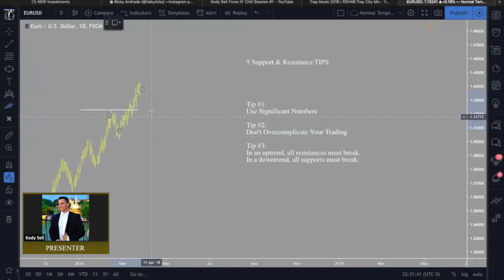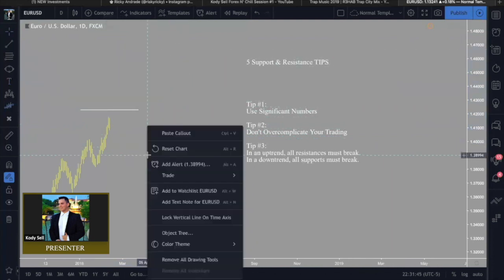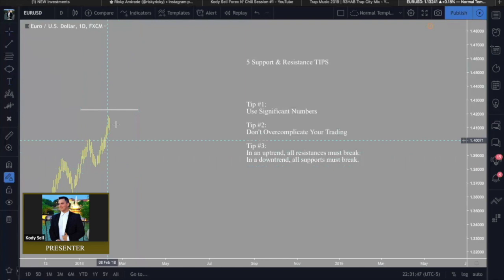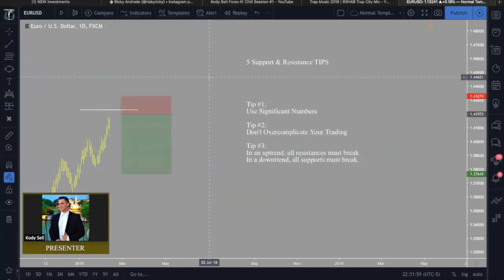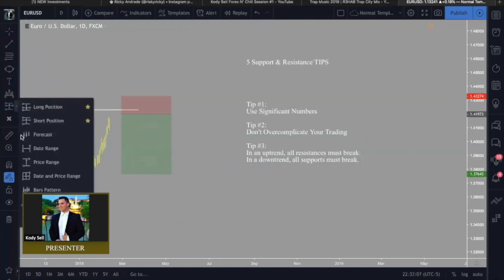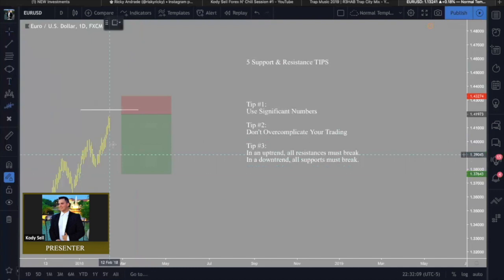And when it breaks, it'll become support and we'll continue on. That's the idea. So if we're coming up to the resistance, ask yourself, do I want to take a short position from this resistance knowing that we're in an uptrend? Because what I'm betting on at that point is that the trend is going to end.